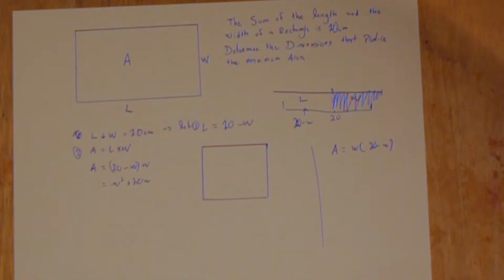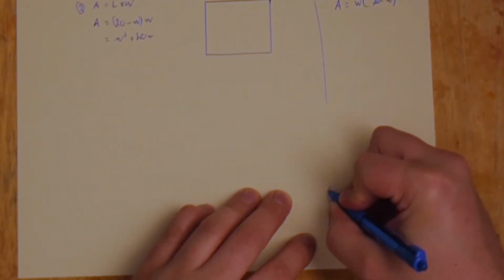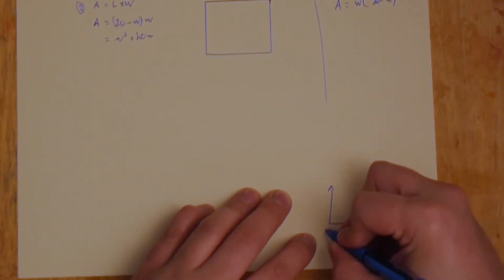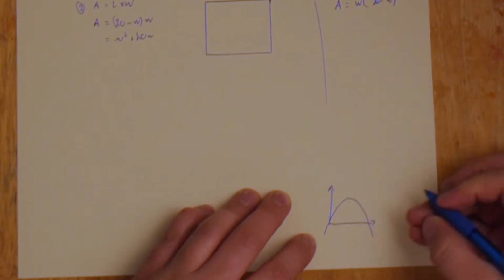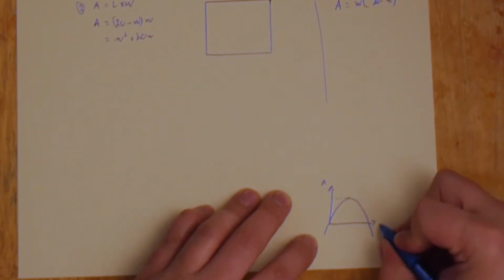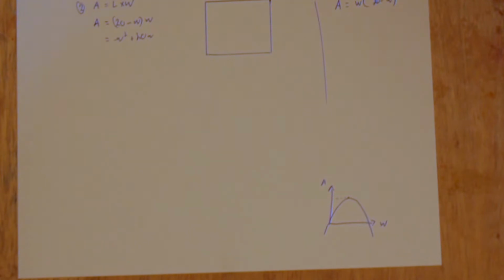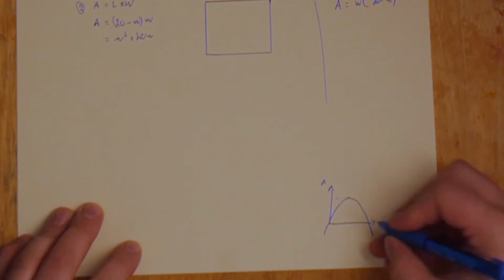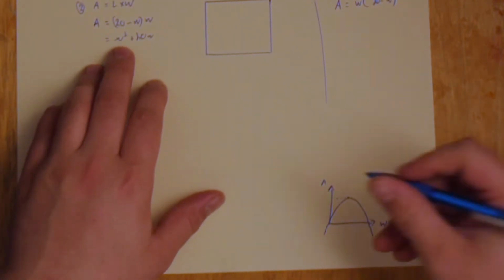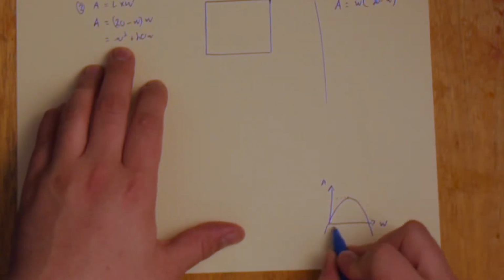If we're going to plot it, let's do that down here, right? We know that it's going to look something like this, where we have our area and we have our width, or our w. So we maximize this area. We're going to find our two roots, and halfway between the two roots is going to be our vertex value of w, right?